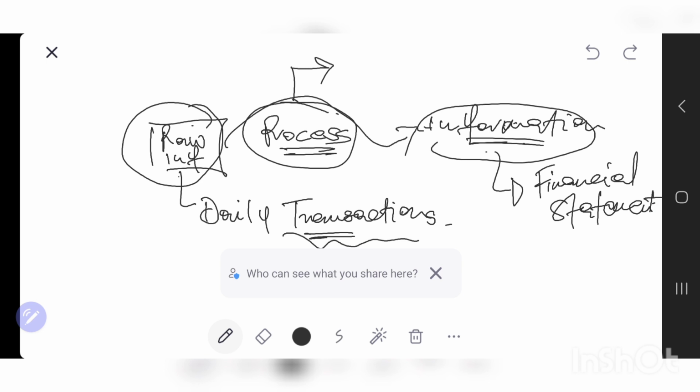So maybe you're also asking yourselves, what are these financial statements? In order for you to understand financial statements, let's make this analogy. Let's say you were doing matric last year, or first year, the same. You were going to school each and every day, and you were writing assessments.